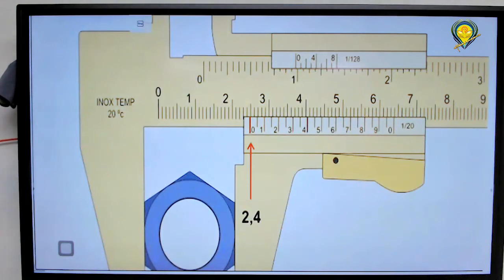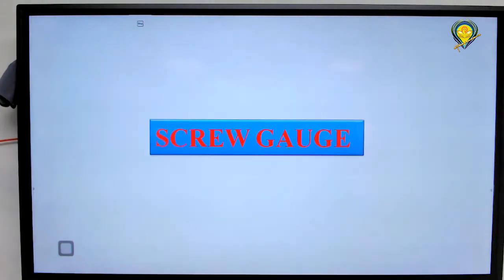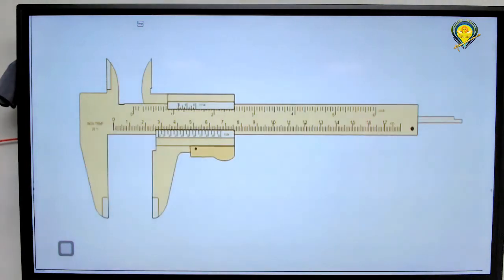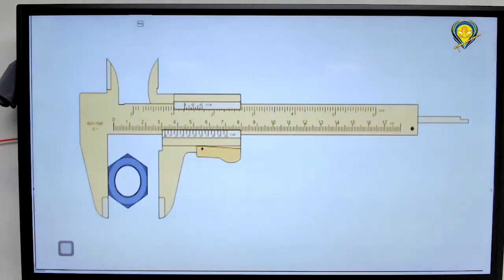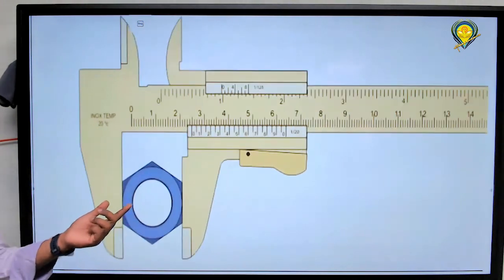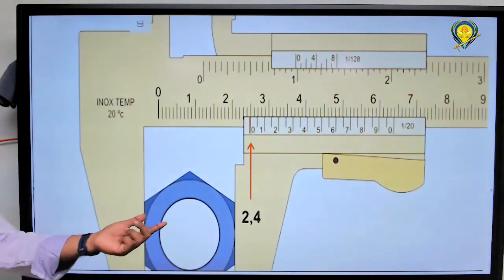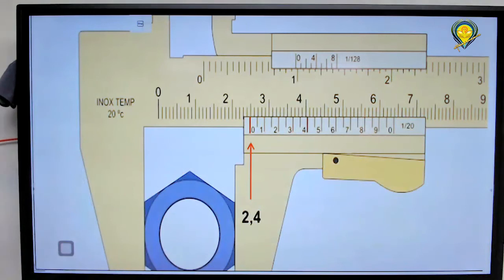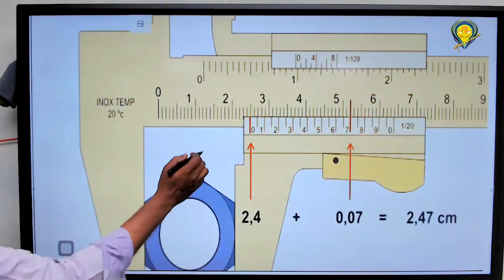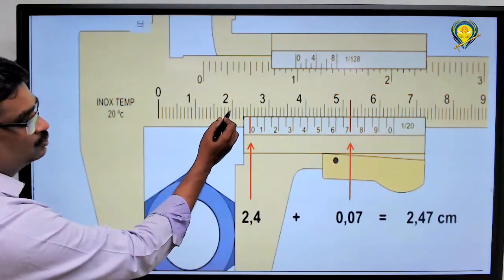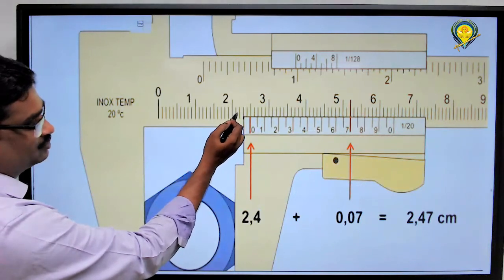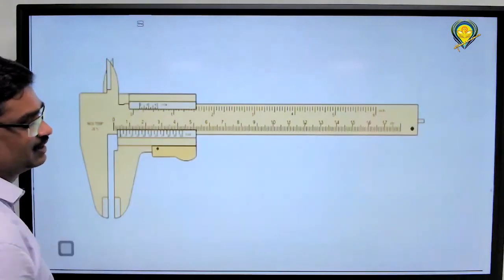So how are you going to measure a reading? Total reading measurements. First we need to place the object between these two jaws like this. So place here. Next, what is the final reading here? Main scale: 2, 2.1, 2.2, 2.3, 2.4 like that.